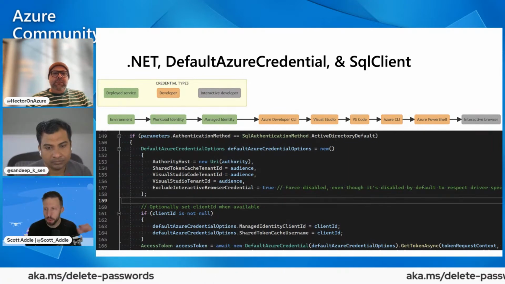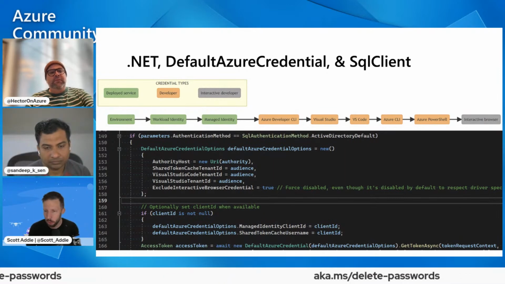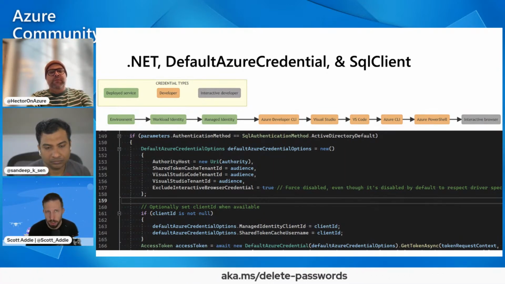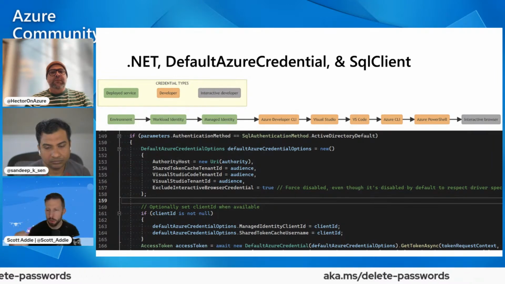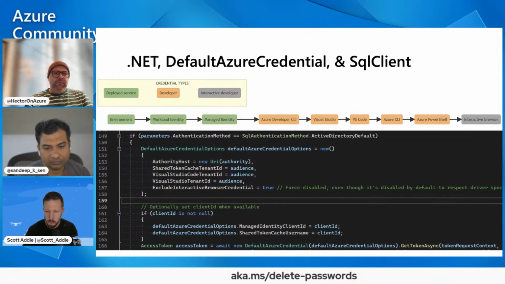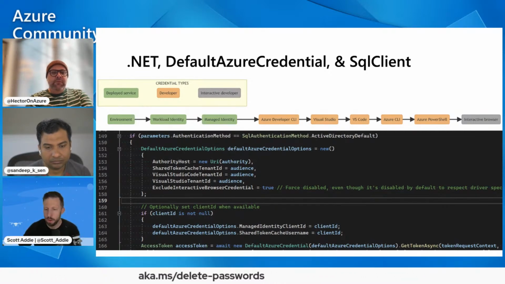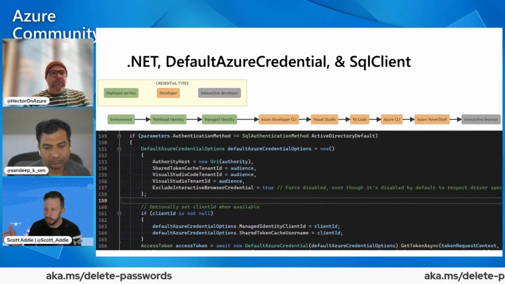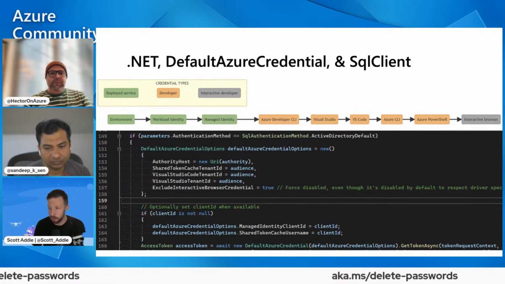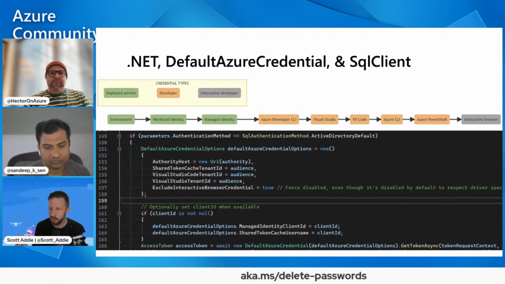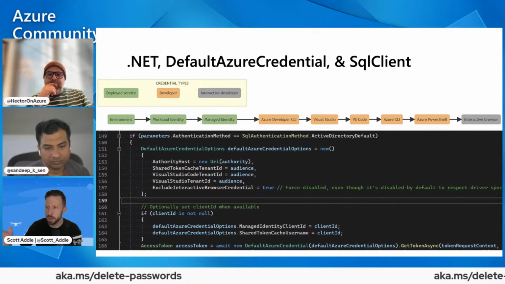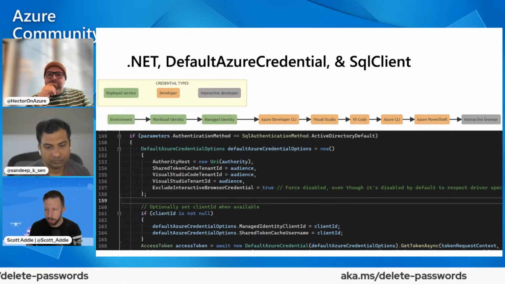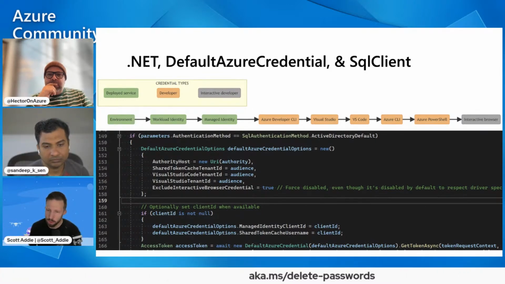The other cool thing here that's worth noting is default Azure credential is what I would say is environment aware. And what that means is if I use default Azure credential in my application and deploy that to Azure, it has knowledge that in this particular example, I am running my application inside of app service. It knows based on environment variables that are available that yes, this application is running in app service.